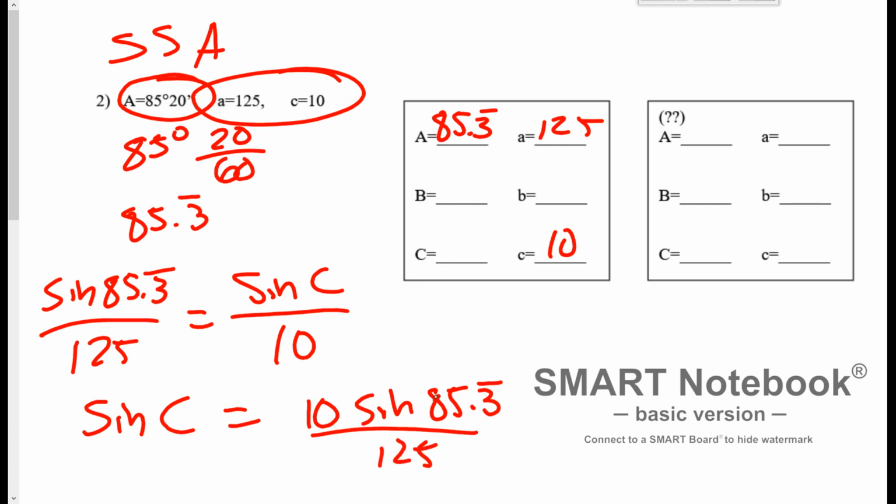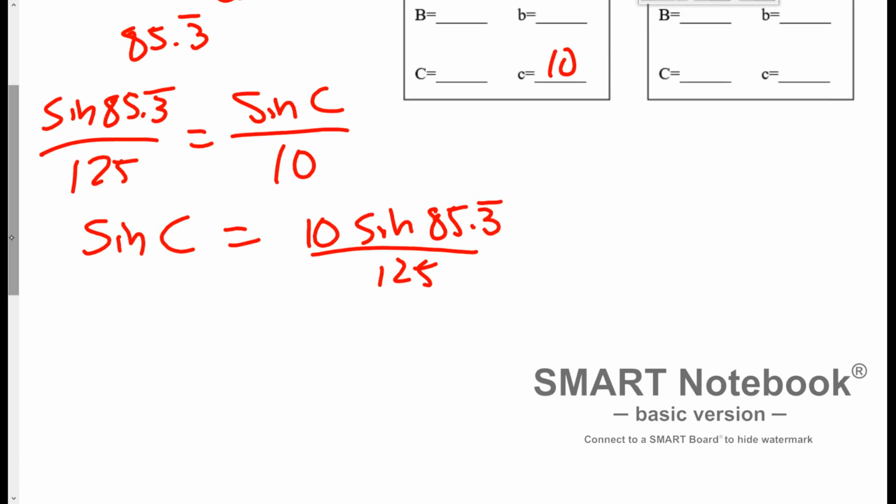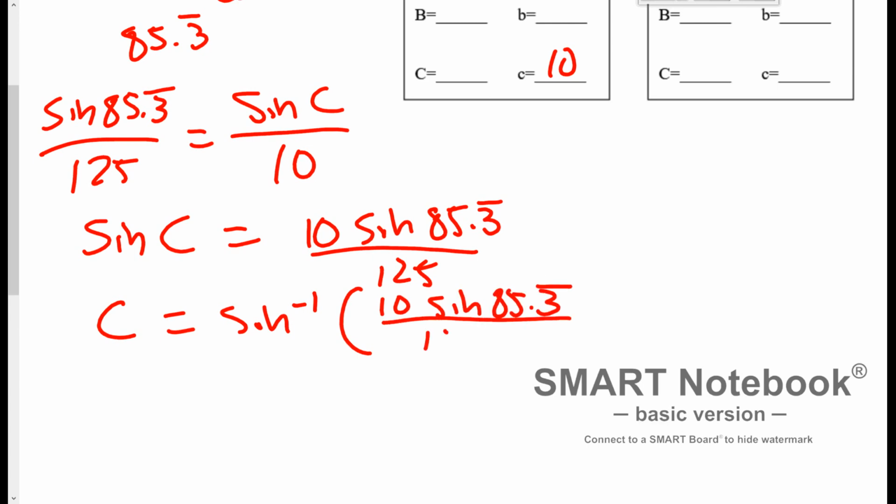If you just put 85.3, you might be off a little bit because it goes on forever, right? That's why it's best to just do 1/3. And then to find the angle, what do we do? That's when we do inverse, right? So C is equal to sine inverse of this. And then I can enter that in.